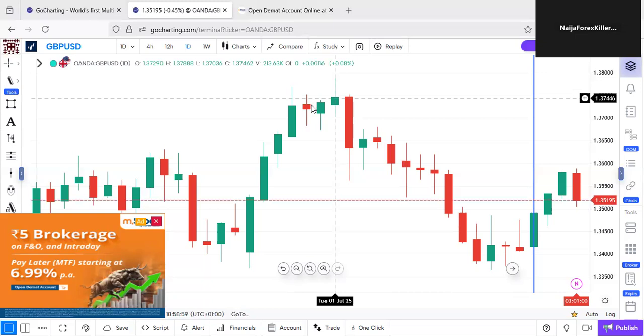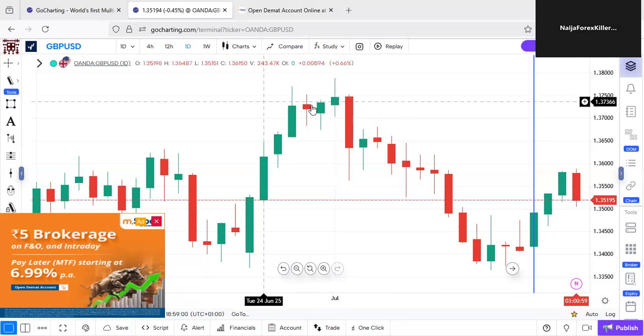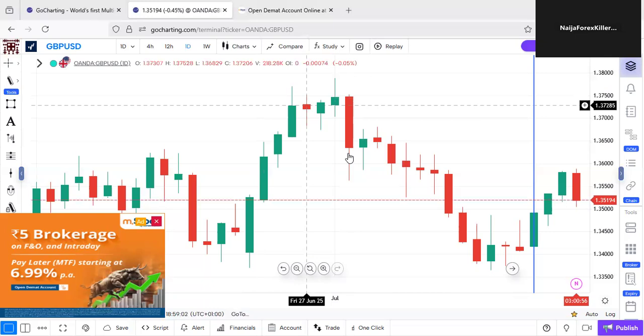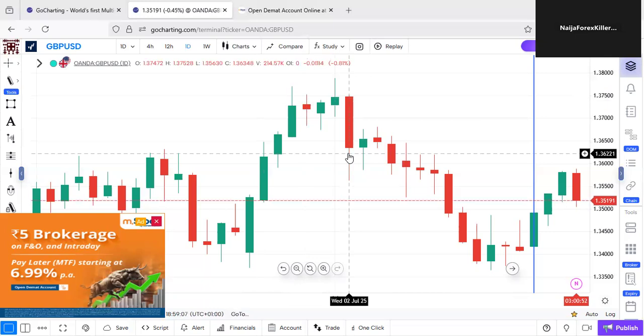Whenever you see a red candlestick, know that the market went down, which is sell. The market is going down. Whenever you see something like this, know that this is the place that the market closed. Here is where the market opened.